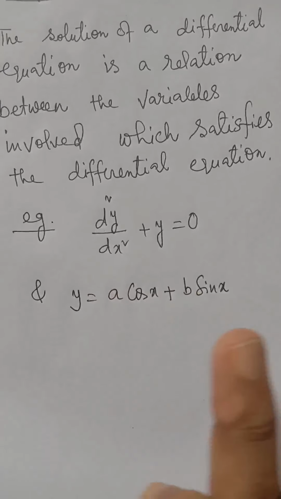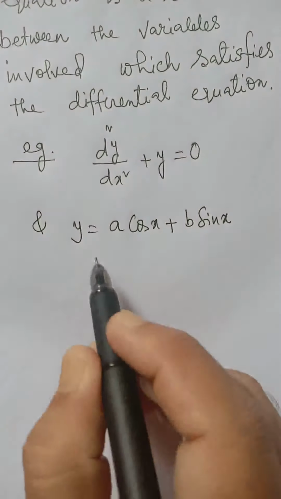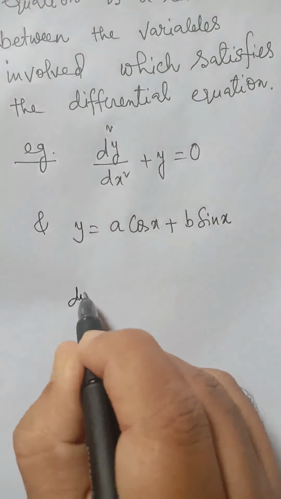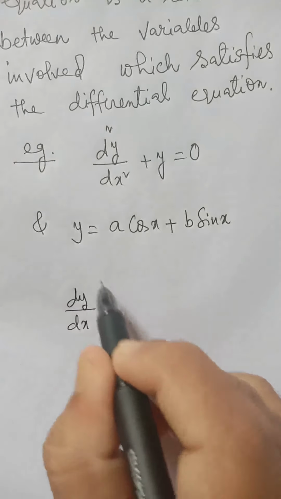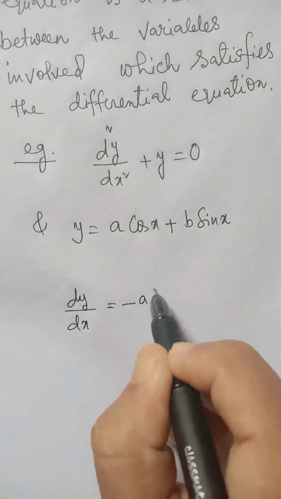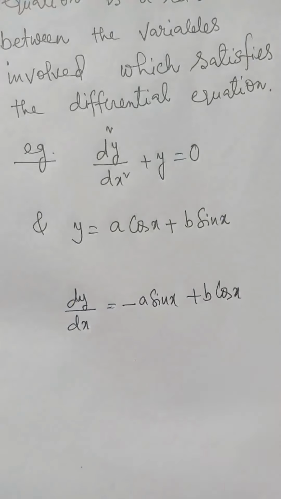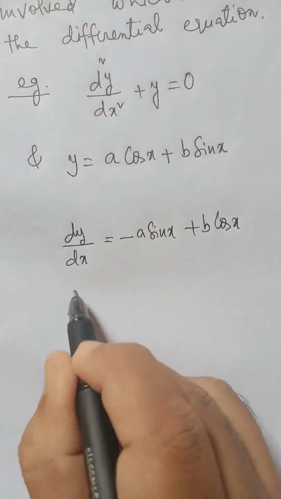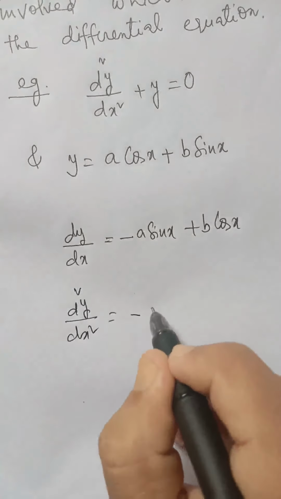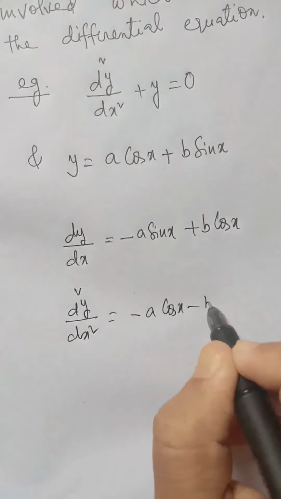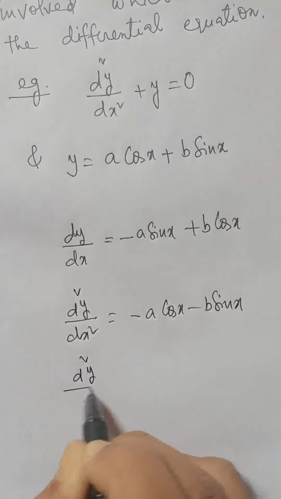Now if we differentiate this y, if we find dy by dx, we will get minus a sin x plus b cos x. Differentiating again, d2y by dx square is equal to minus a cos x minus b sin x. We can take a minus sign common.